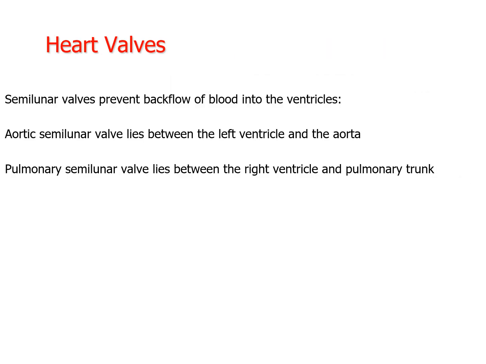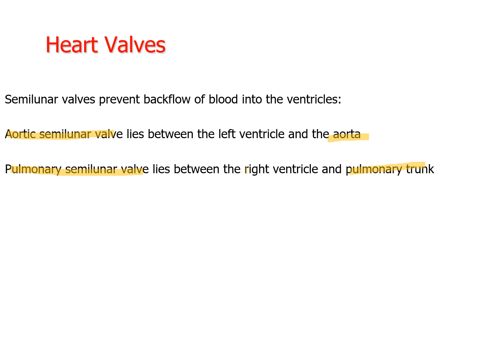The semilunar valves, and that includes the pulmonary semilunar and the aortic semilunar, prevent backflow of blood back from the pulmonary trunk or aorta into the ventricles. The aortic semilunar leads from the left ventricle into the aorta, and the pulmonary semilunar valve is the point of exit of blood into the pulmonary trunk.